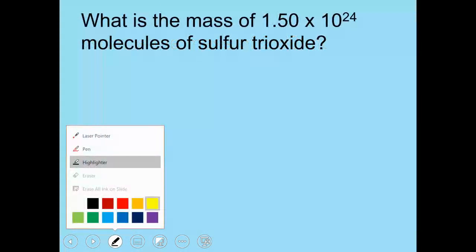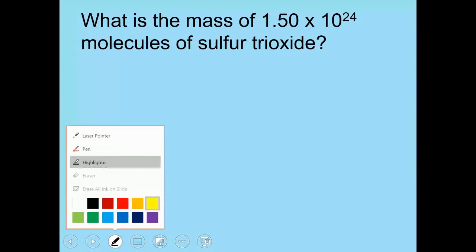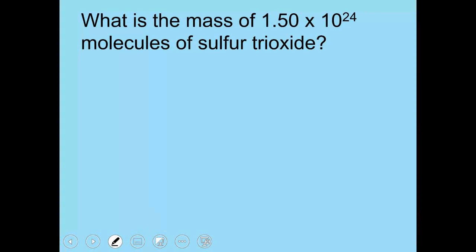So let's take a look at this. First of all, I want you to think, how many steps do I need? So we are starting with molecules, and we're trying to find mass.